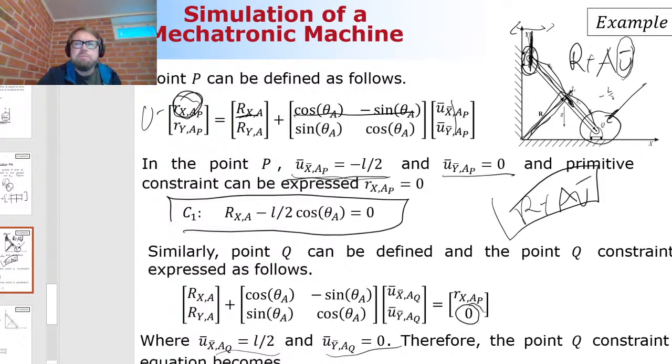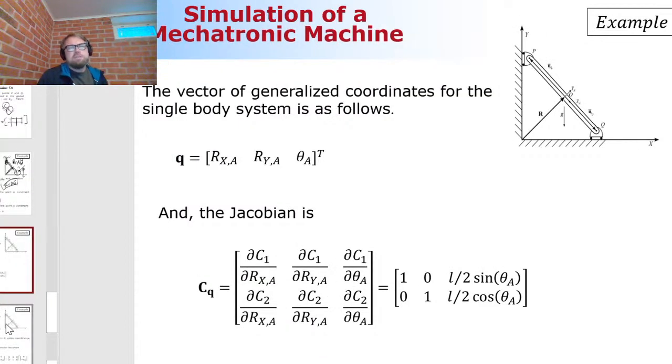And I'm constraining the y motion this time because it cannot move in this direction. So it will give me two constraint equations, which are not visible anymore, of course, because I made a stupid mistake. Then I differentiate these constraint equations with respect to my variables, which this time are my generalized coordinates: rx, ry, and the angle theta. So that's my Jacobian matrix.